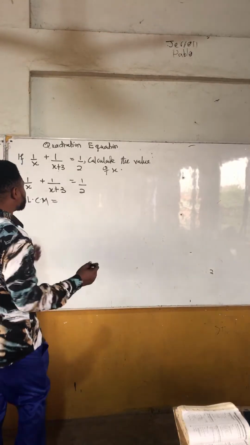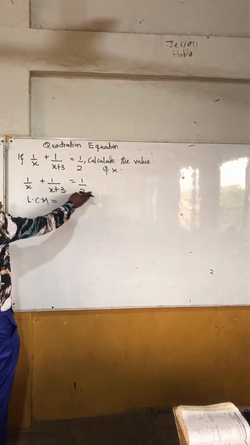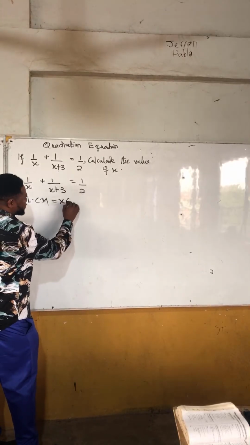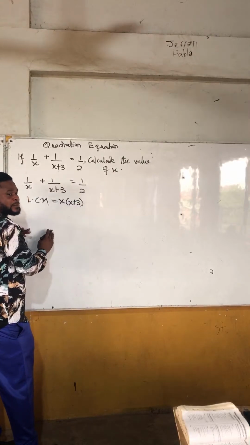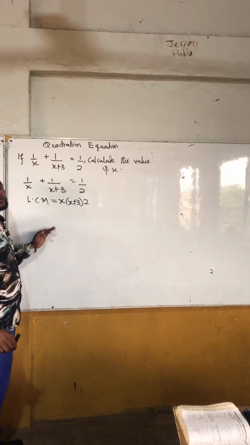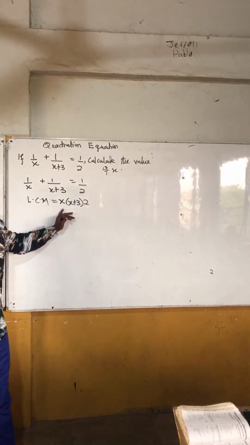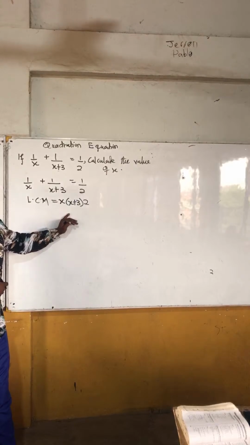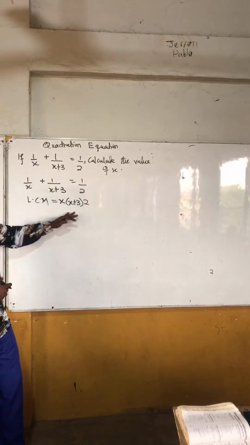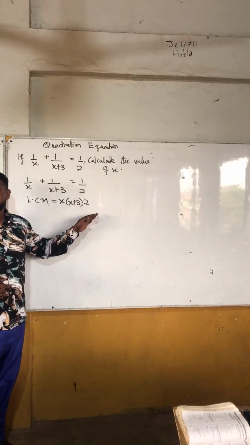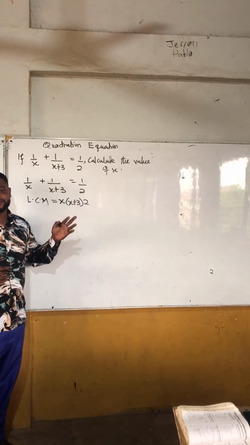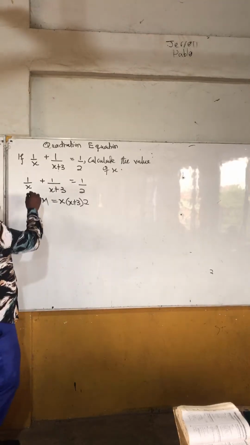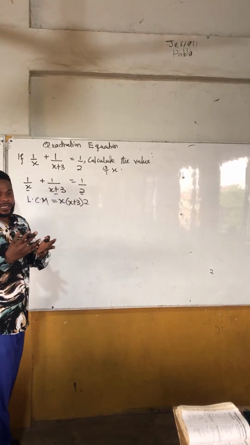The lady is saying that the LCM for this equation here will be x and also x plus 3 and also 2. So this is the LCM. If you choose only x, this one cannot go into it. So the LCM will be all the denominators.